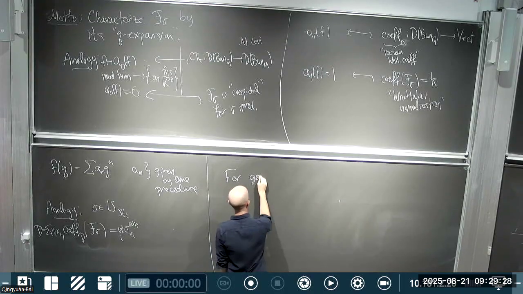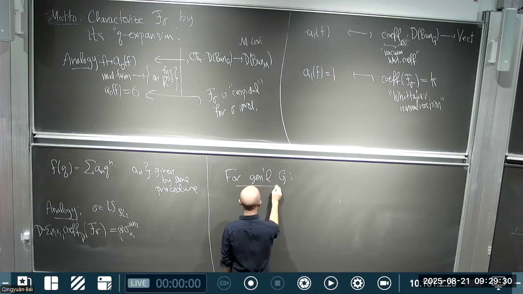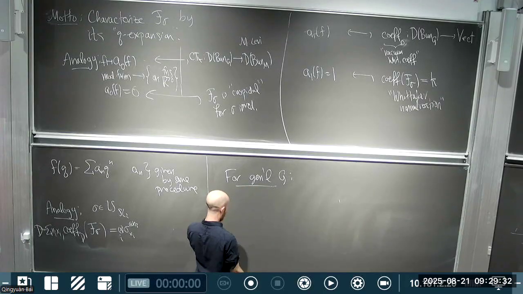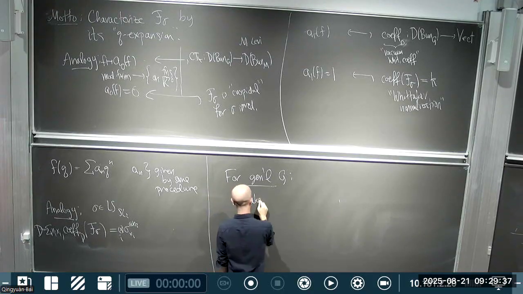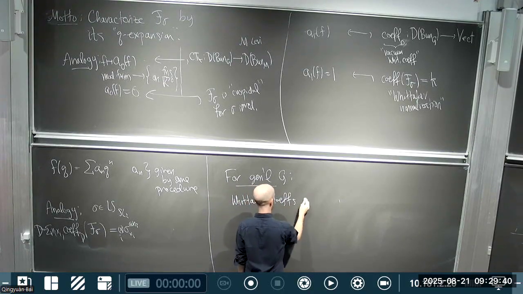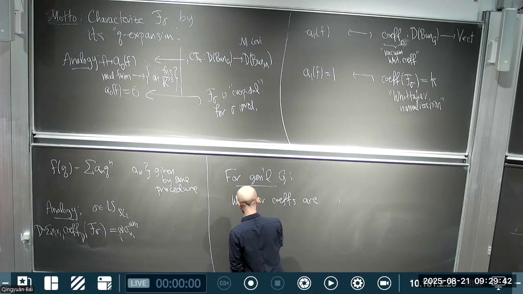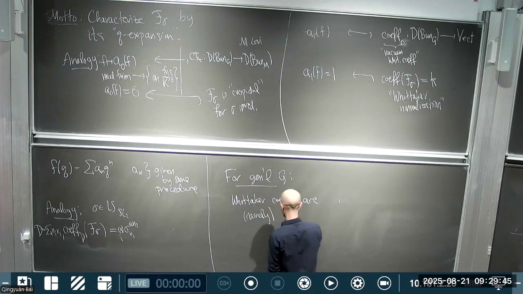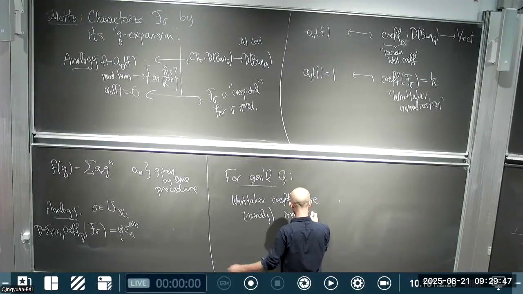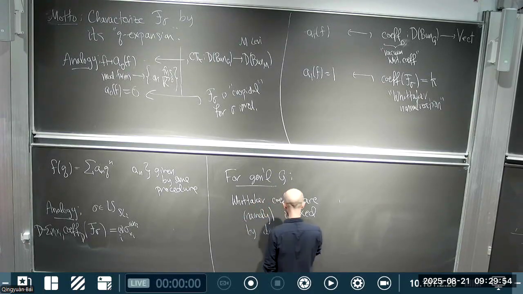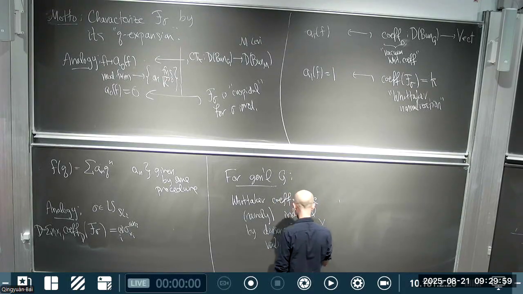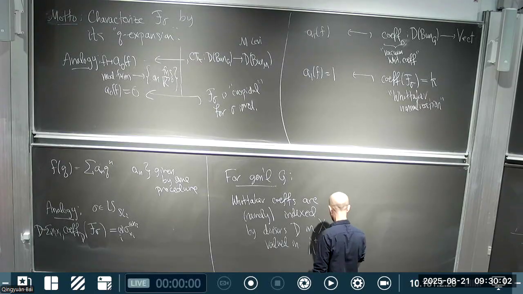Now what's happening for general G is going to be the following. The Whittaker coefficients are, and I'm going to say this naively at this moment because we're going to improve this later, indexed by divisors on X but valued in dominant coweights.